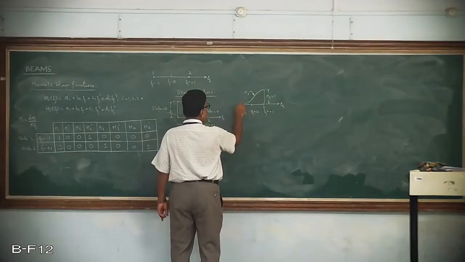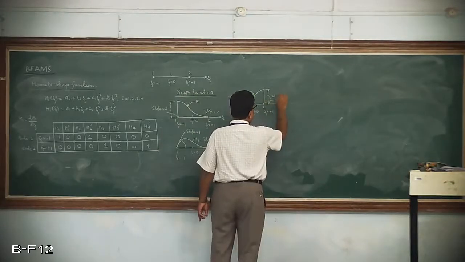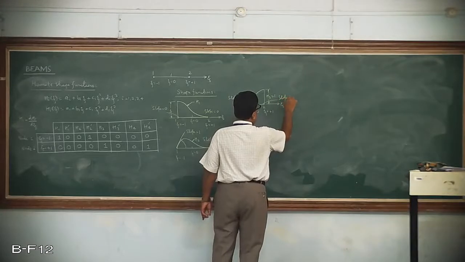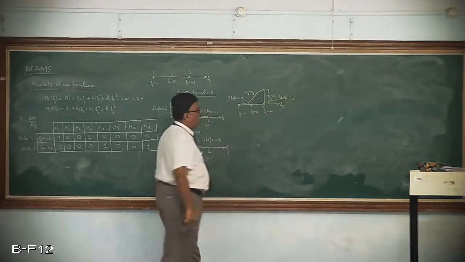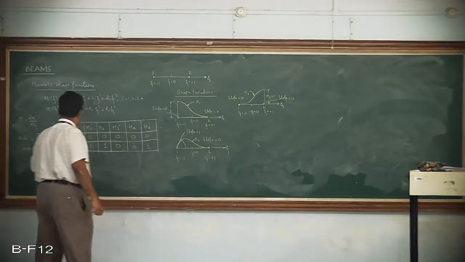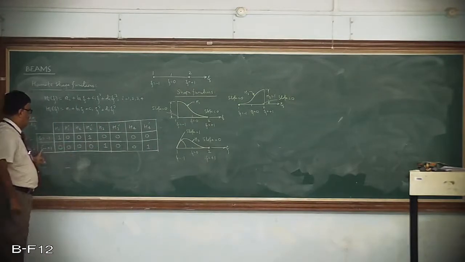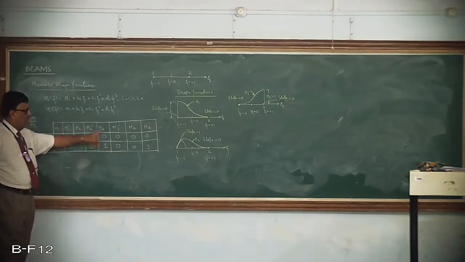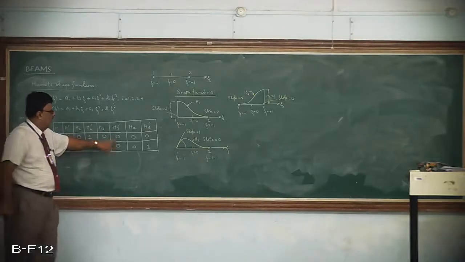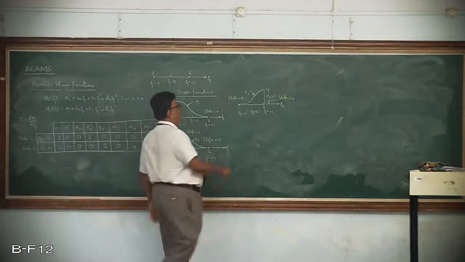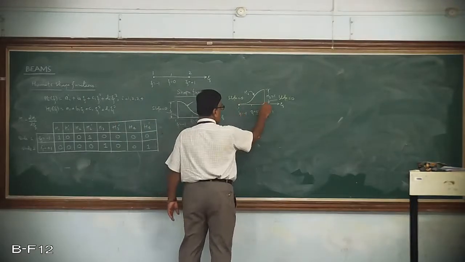And you can see there, H3 dash is 0 at both the points. It means the slope is 0 at both the points, whereas H3 is 1 at zeta equal to +1. Zeta equal to +1, H3 is 1, whereas it is 0 at node 1, and the slope H3 dash is 0 at both the ends. This is how this figure matches.